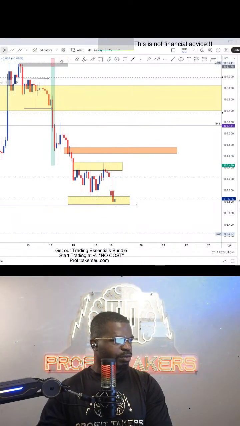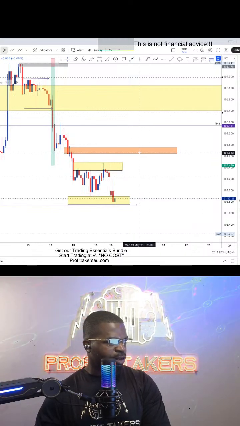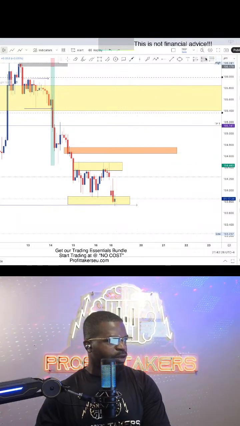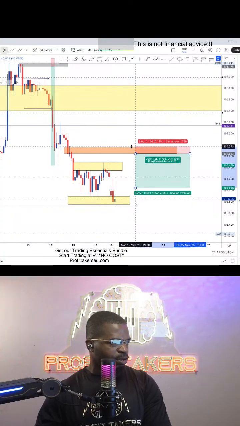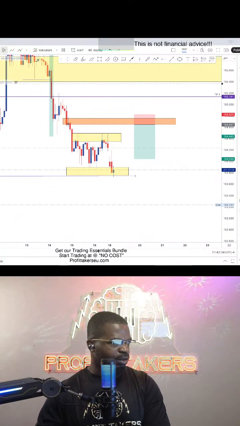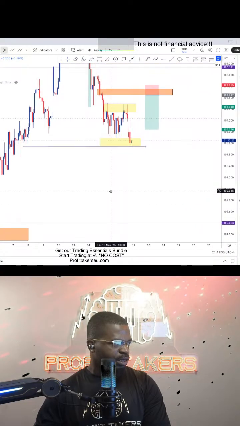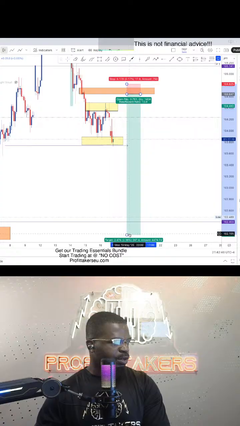So what we're going to do is wait until price pulls back to this level. If this level is hit, we'll look for sales. Oh, we got room. We got a lot of room.